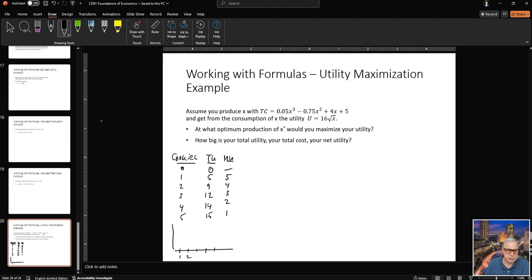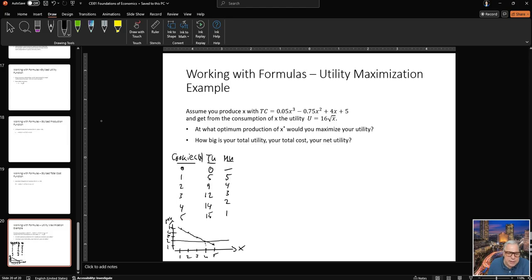And so then we developed a graph where we had here the cookies, let's call it again X, and here we had the marginal utility, 5, 4, 3, 2, 1. And we derived the marginal utility function, which was a straight line, and the marginal cost was always 2.